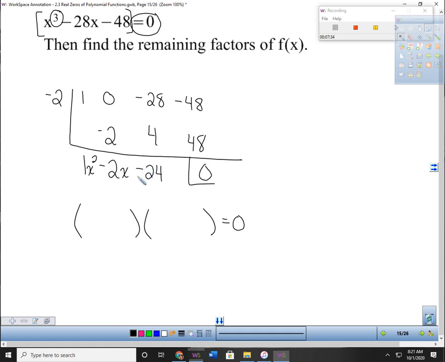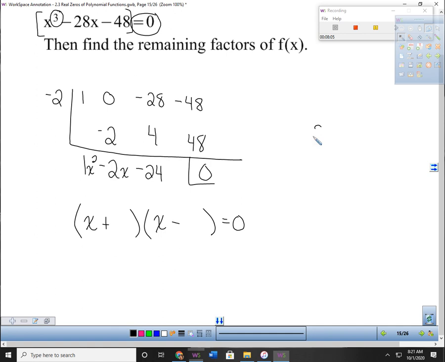But I look at the back, I've got a minus sign, so that's 1 plus, 1 minus. The x squared, I've got x times x. And I'm looking for what will multiply to make 24 and subtract to make 2. So what multiplies to make 24 and subtracts to make 2.